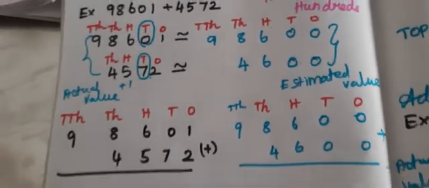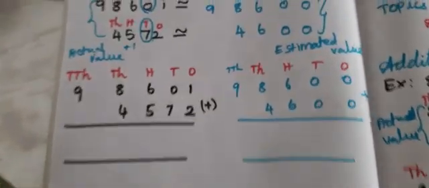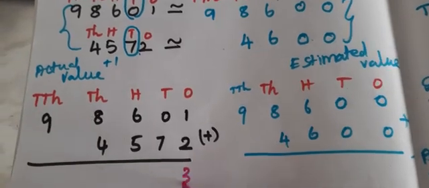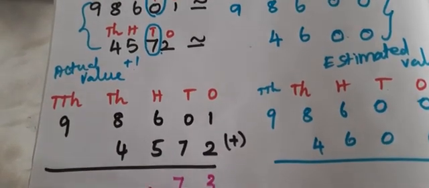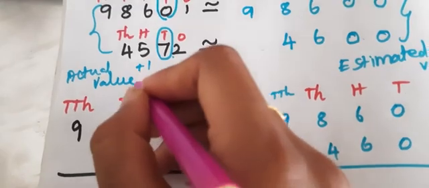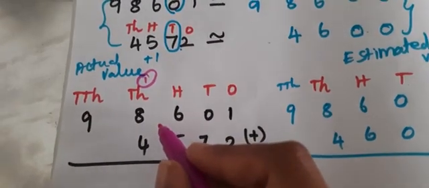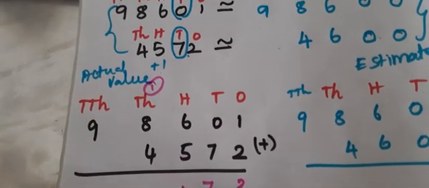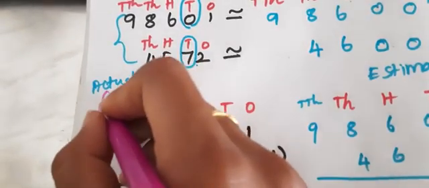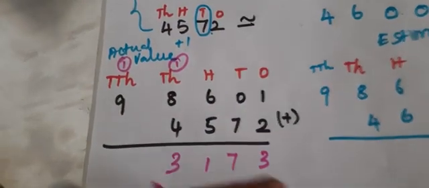Now we proceed with the ones place. 1 plus 2 is 3, 7, 6 plus 5 is 11, 1 is a carryover, 1 plus 8 is 9, 9 plus 4 is 13, 3, 1 carryover, 1 plus 9 is 10.